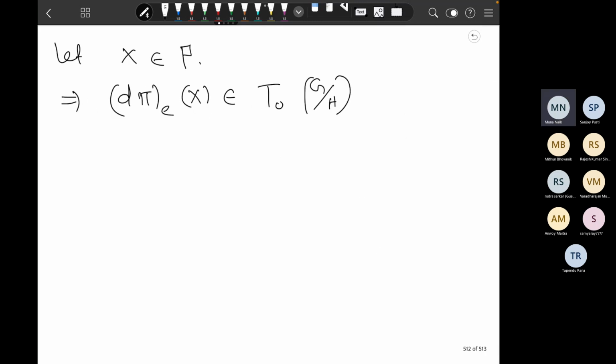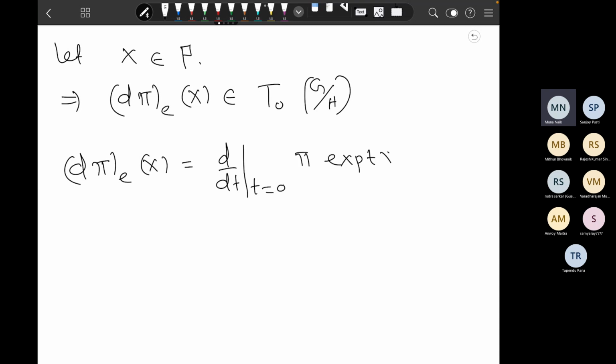So d pi e X is equal to d by dt at t equal to 0 of pi of exponential of tX, because exponential tX is a curve in the Lie group G with value at 0 equal to the identity, and its derivative at the point 0 is X.